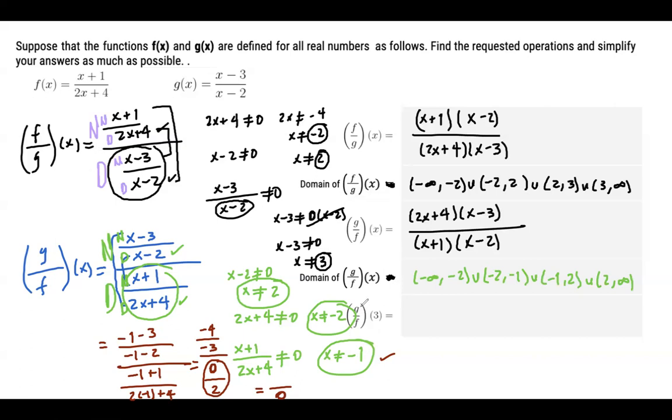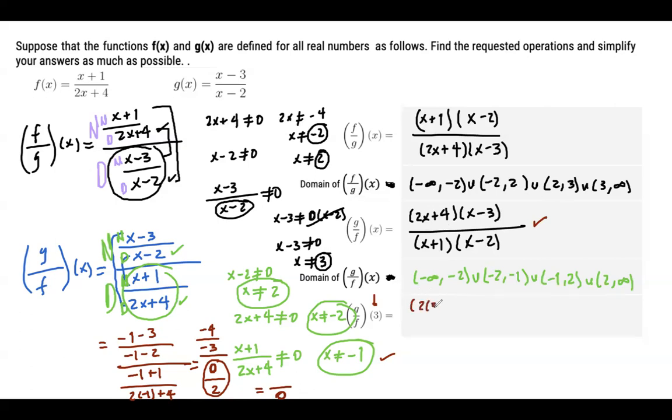And finally, if you're asked to do g over f with an input of 3, we already know what g divided by f looks like. And if you plug a 3, you just have to take this one. That's why sometimes it's better to leave your answer like this.